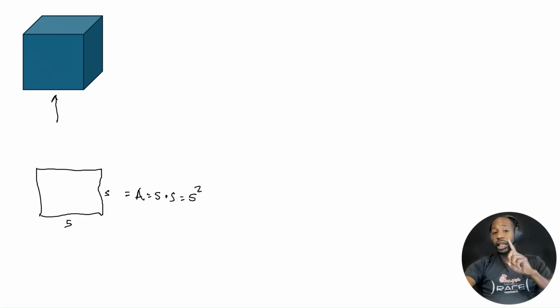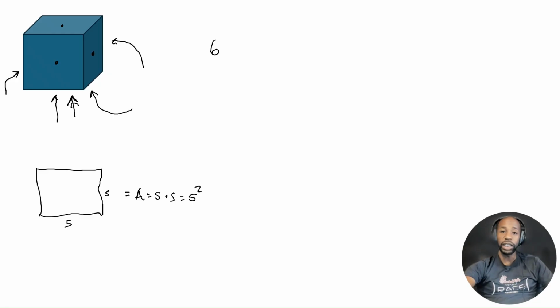Now, if we're talking about the area of all the outer surfaces of this cube, we need to know what surfaces we're dealing with. There are six of these. You have one here, one on the side, one here, one on the back, one on this side that's hidden, and then one underneath.